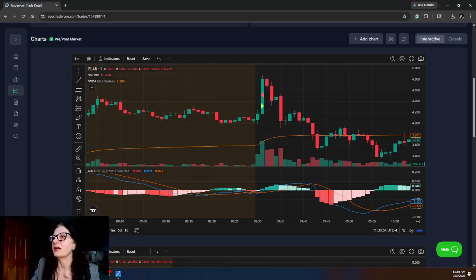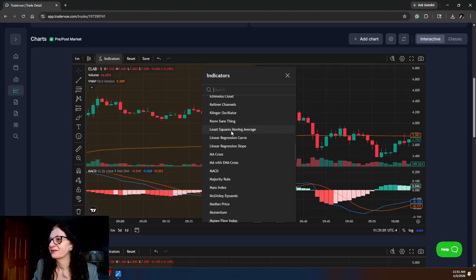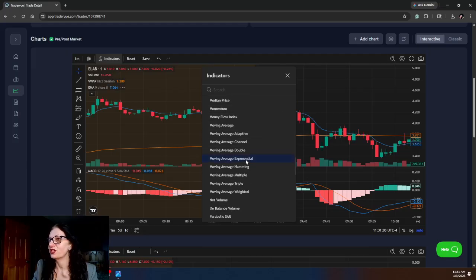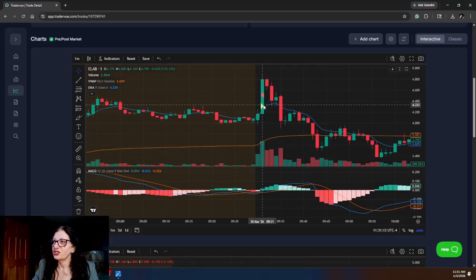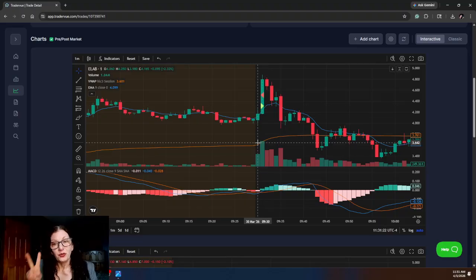So for example, if we add the 9 EMA, if we go down to moving average exponential, it automatically adds the 9 EMA because that's the standard. You can see that here where I took this trade, the price is above the 9 EMA and above VWAP. So I have two indicators pointing in the same direction.